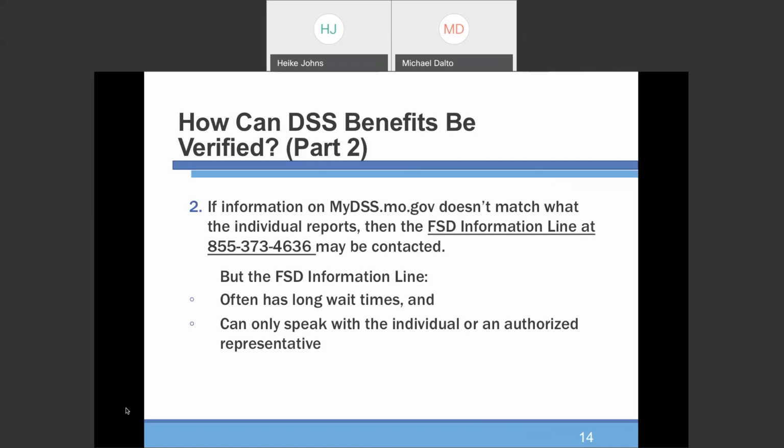But beware that the FSD information line often has long wait times to get through to a person, and the FSD information line staff can only speak with the individual or an authorized representative. So if you call the FSD information line and you're not an authorized representative, then you'd want to be sure the individual was on the line with you. Maybe you could do a three-way call.